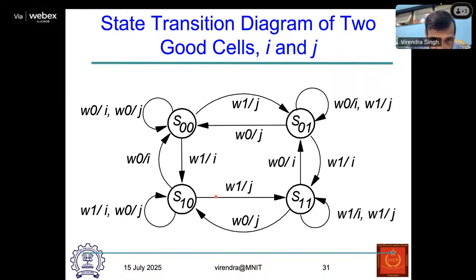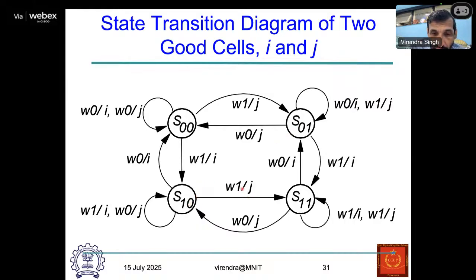However, this transition from state S10, where the ith cell is holding 1 and the jth cell is holding 0, when you write 1 in the jth cell, ideally should go to state S11, and both will hold value 1. However, now when there is an idempotent fault, this can go from state S10 to S01.